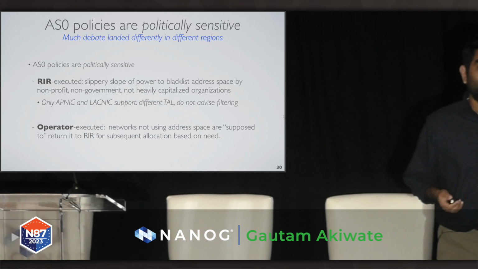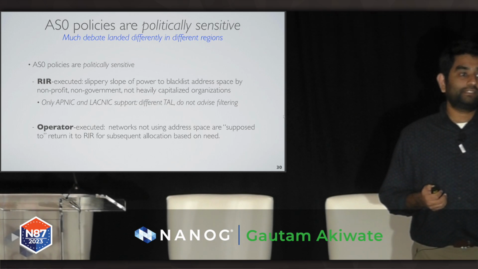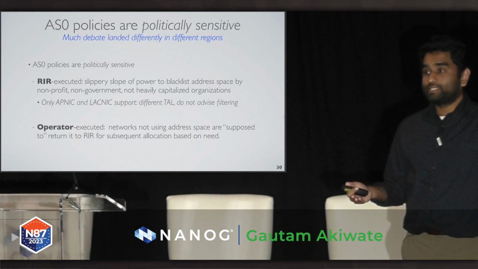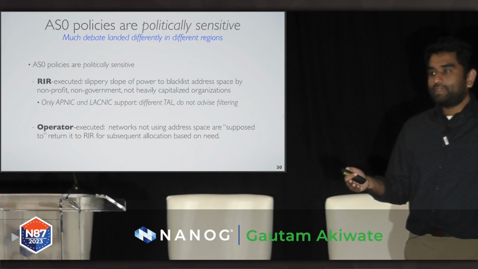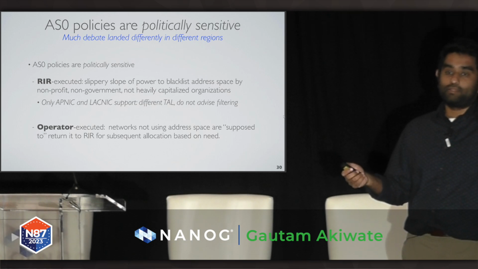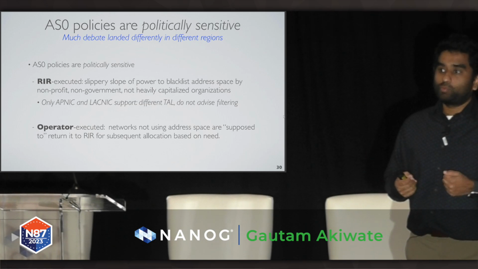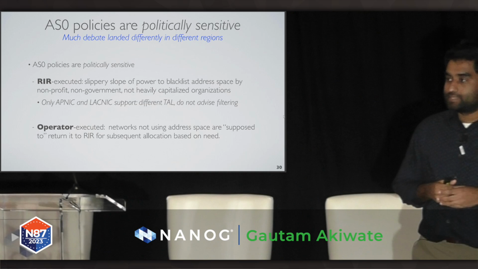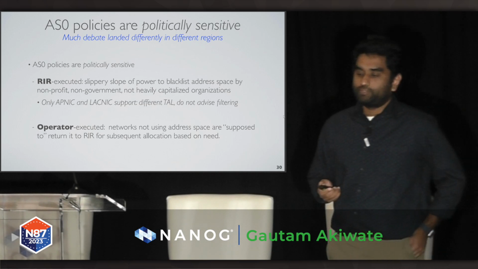On the other hand, operators are not thrilled about adding AS0s for their own prefixes, because that indicates that they are not using this address space, and it might signal to RIRs that they can take it back for subsequent allocation based on need. I don't know how true that is, but that's what we were told, that one of the concerns operators had with using AS0s was this fear.